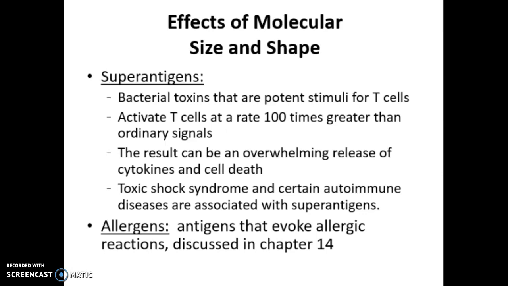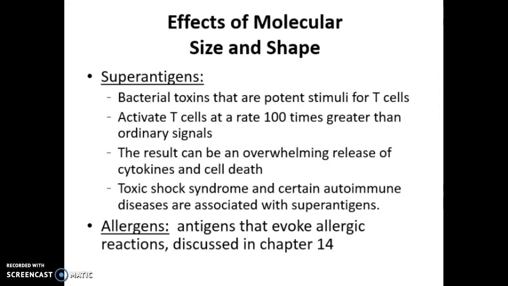So if you had a T cell receptor that was specific for a superantigen, the superantigen would fit down inside there just fine, and you would only activate very few T cells, the T cells that were specific for that antigen.